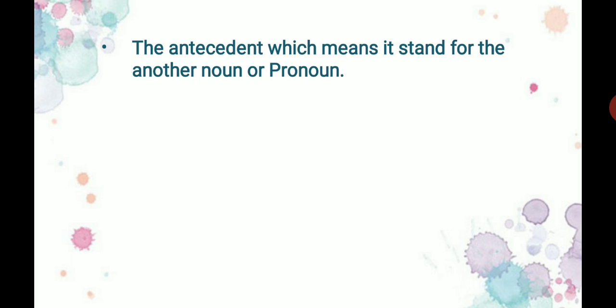It means that in the sentence there is already one noun or pronoun, and we have to write a second pronoun according to that noun or pronoun. It is called the antecedent. Now you can understand what the antecedent is.